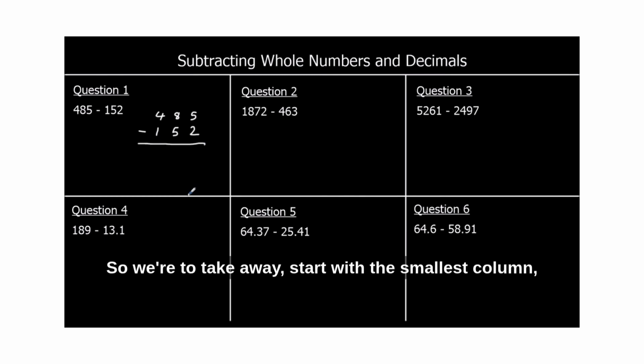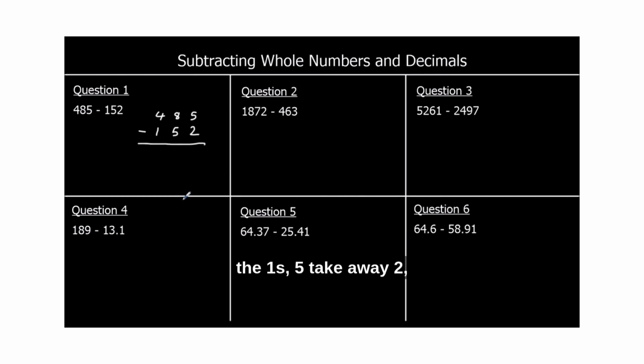So we're going to take away, start with the smallest column, the ones, 5 take away 2, that's 3. The tens, 8 take away 5 is 3. And the hundreds, 4 take away 1 is 3. So the answer is 333.